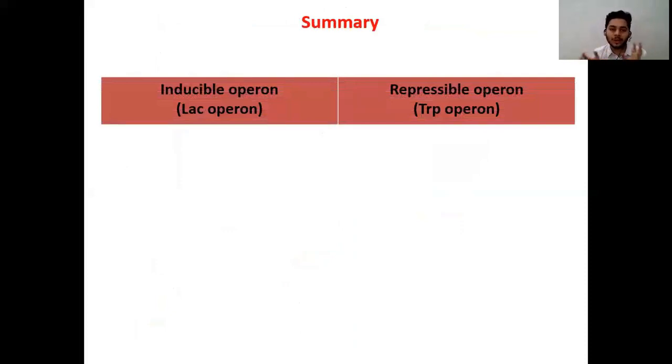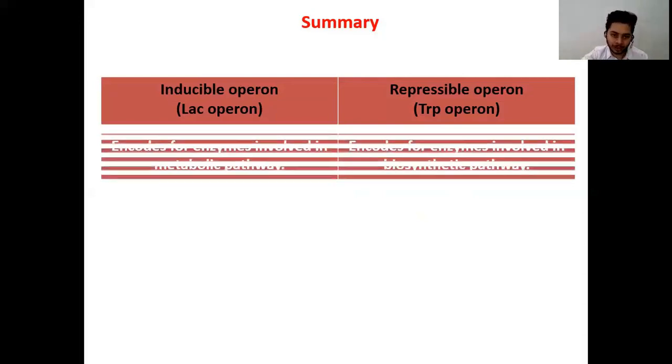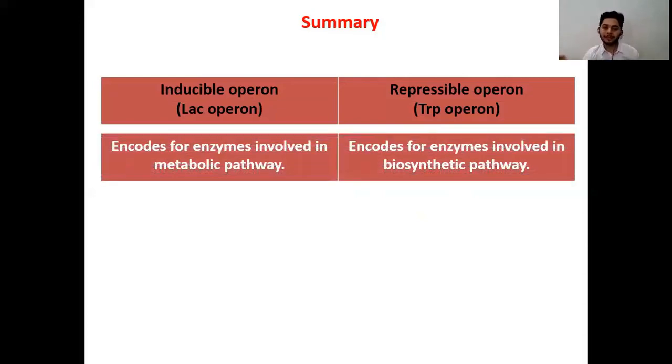Now let us do a comparative analysis of the inducible operon and the repressible operon. Within the inducible operon, we had studied the lac operon, and within the repressible operon, we had studied the tryptophan operon. So let us do a comparison between the two.